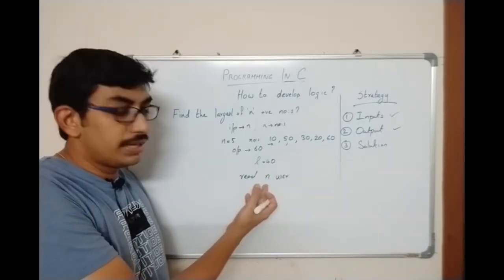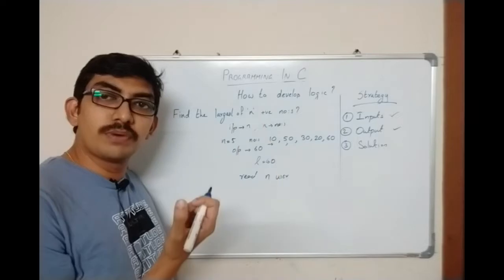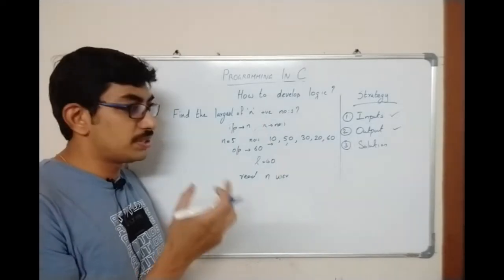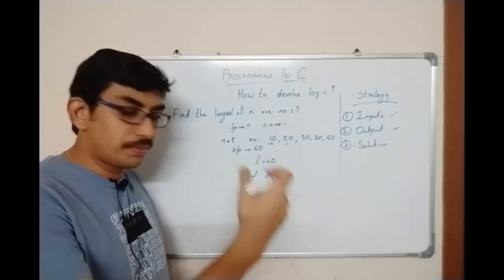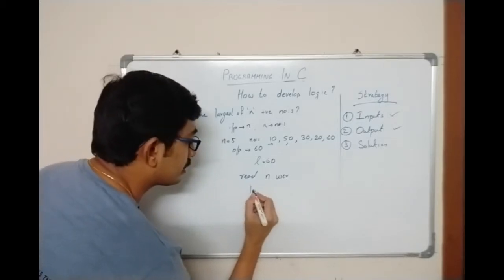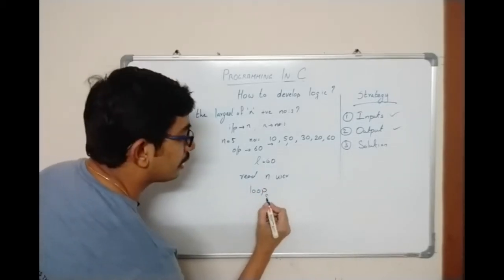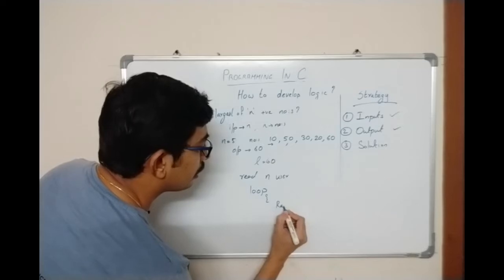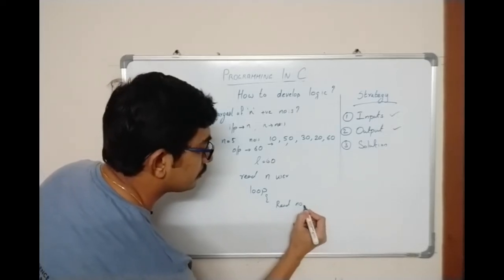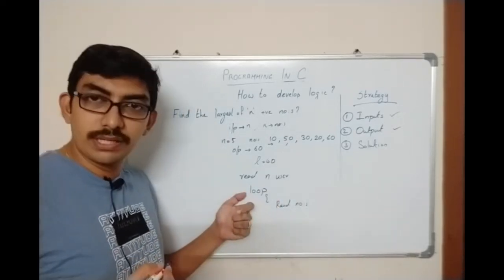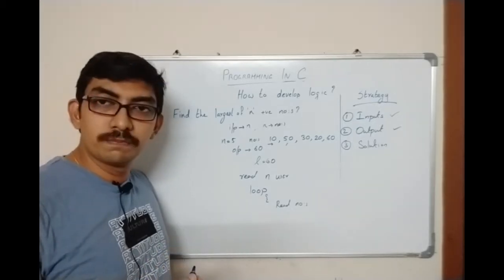If n is 20, you are going to read numbers 20 times. Okay, which means there is a repetitive process. So there is a loop, and inside that loop you are going to read numbers. So reading a number will come inside the loop, and then what are you doing?